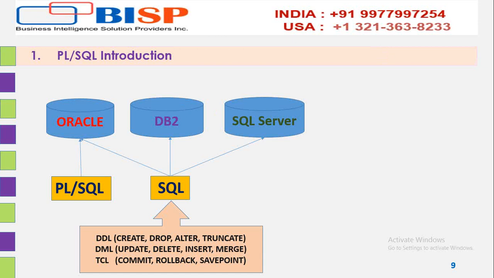Let us take a bank example. A number of transactions happen per day, so we need a kind of storage space where we can store the data in the database.